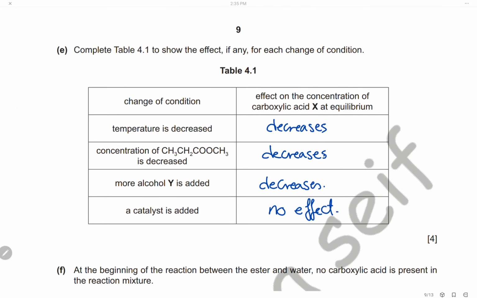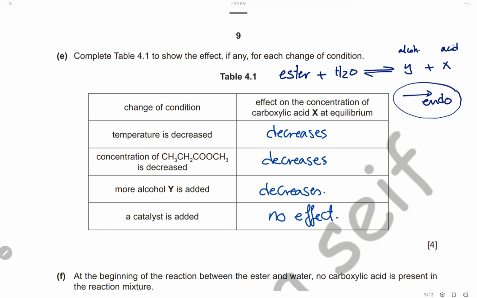Complete the table to show the effect, if any, for each change of conditions. The first one: if the temperature is decreased, what will be the effect on the concentration of carboxylic acid at equilibrium? I'll rewrite the equation here to see how the equilibrium shifts by changing the conditions. Here is the equation that was given in the first part of the question. Ester plus water gives alcohol and acid.